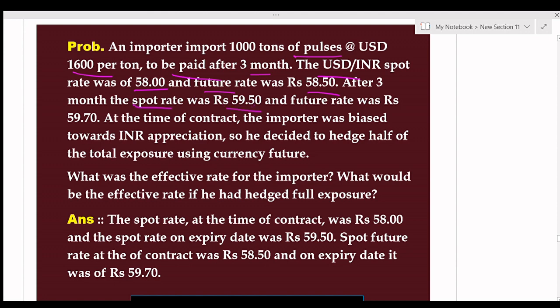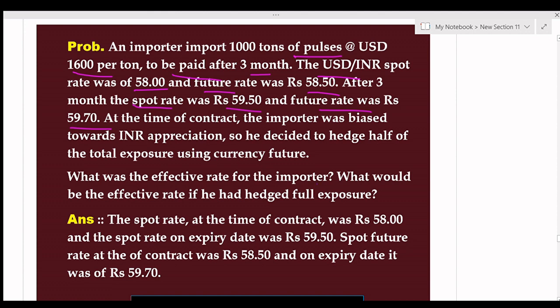Here you see that the importer will suffer a loss of rupees 1.50 from the spot rate. The future rate was rupees 59.70. Here you see that in the future case the importer will gain rupees 1.20, that is, the spot future rate is 58.50 and the expiry future rate is 59.70.